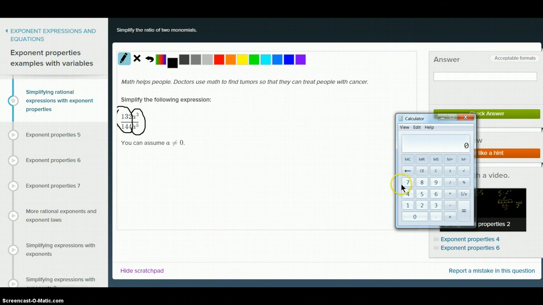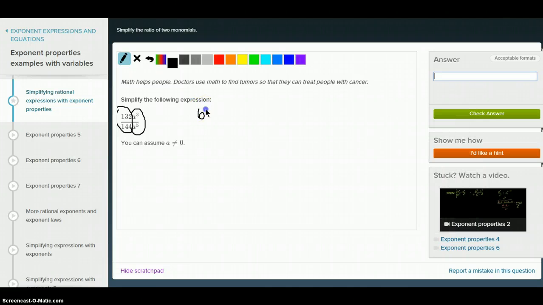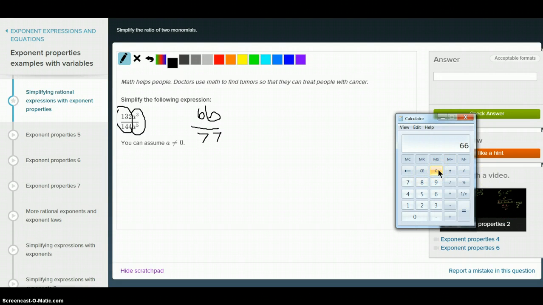Okay, so I know 2 does, so we'll divide by 2. Let me double check that. Alright, so 132 divided by 2 is 66, and 144 divided by 2 is 72.